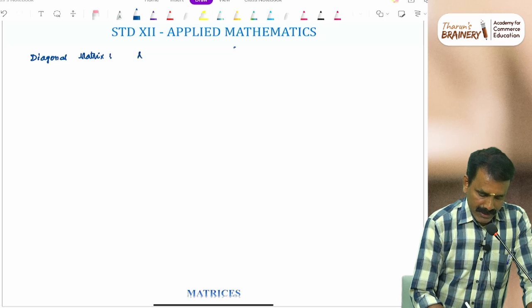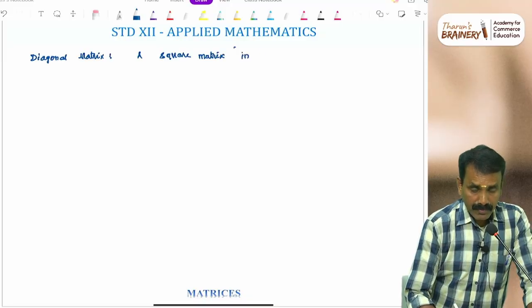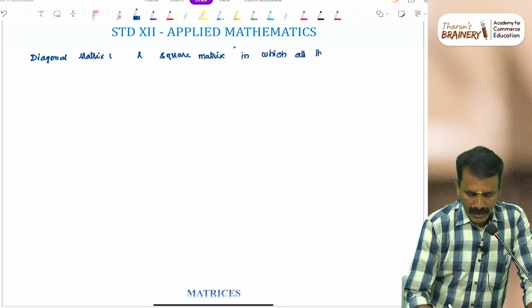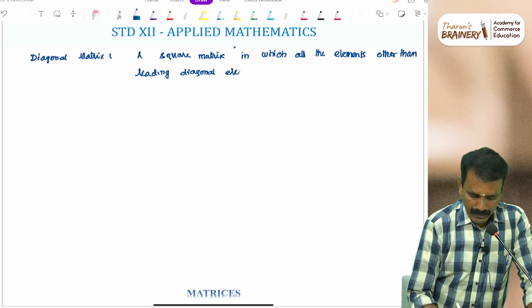A square matrix in which all the elements other than the leading diagonal elements are 0.